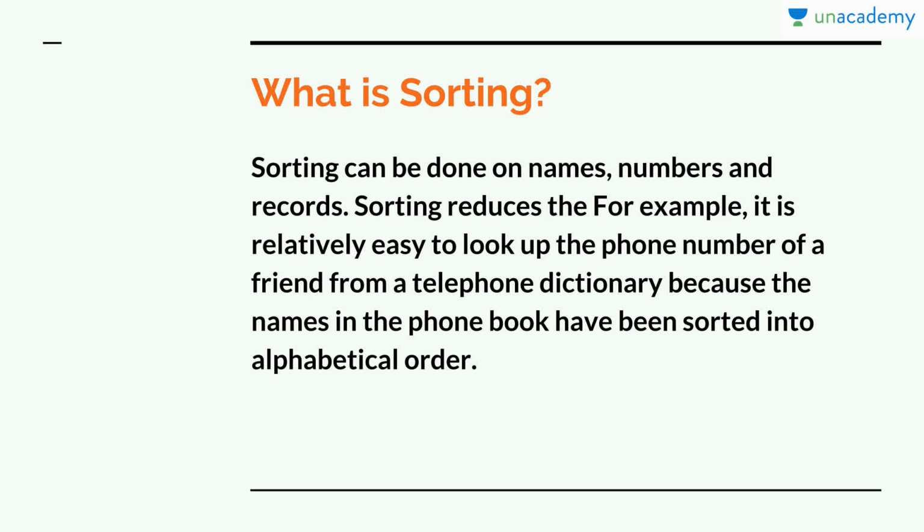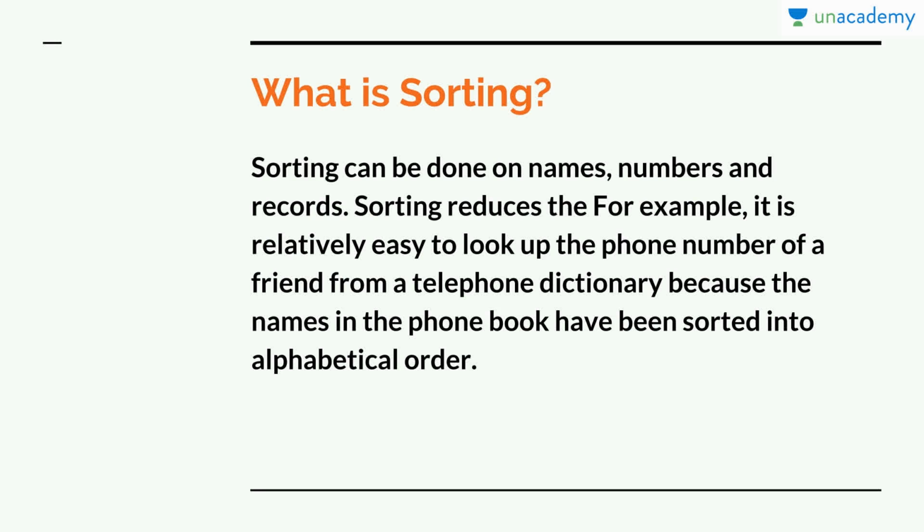So guys, I have written an example here. Think about a telephone book. If I say you have to call your friend and you have to check for its number, then how can you do that? Because there are thousands of numbers available in that telephone directory. So how can you call your friend?